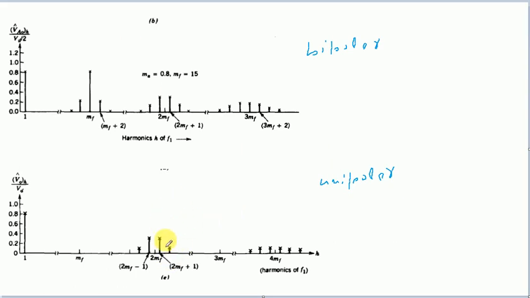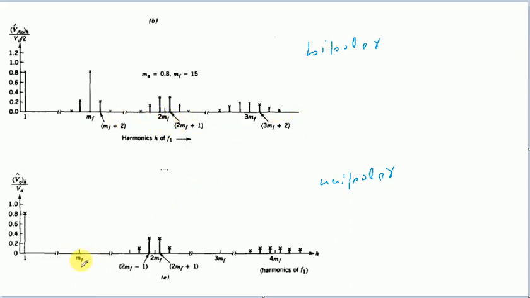The harmonics appearing in the bipolar switching scheme appear at the switching frequency, and then keep repeating at multiples of the switching frequency as well.